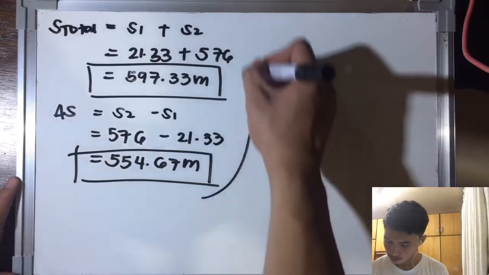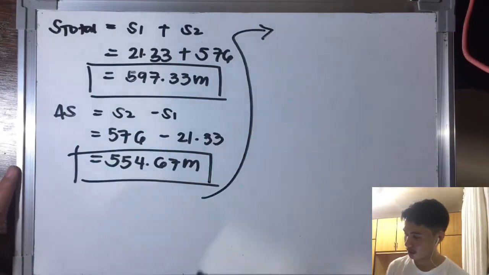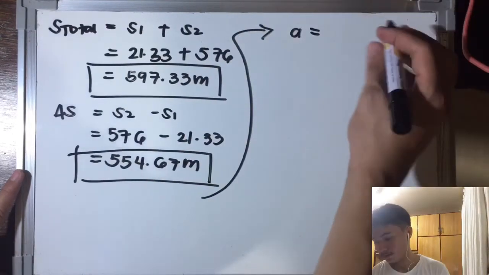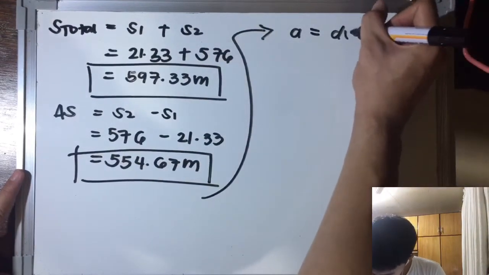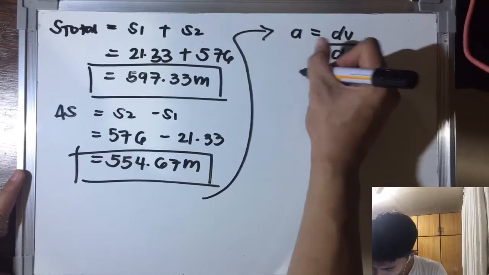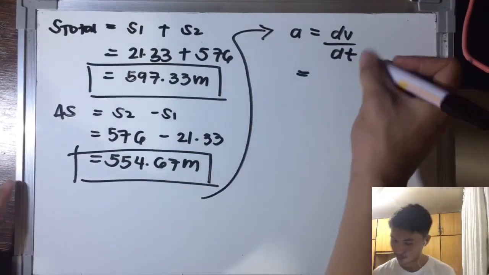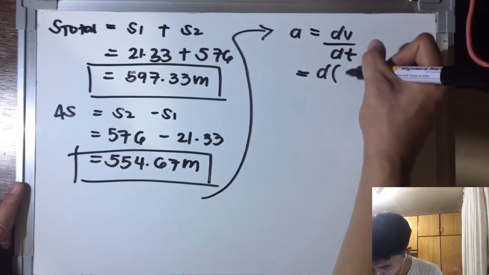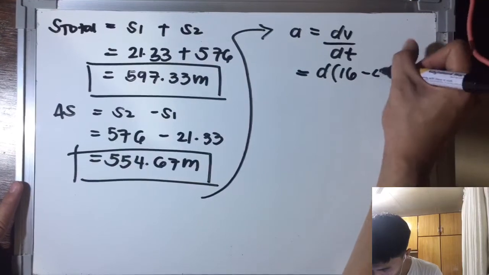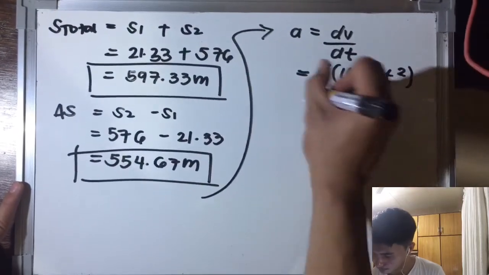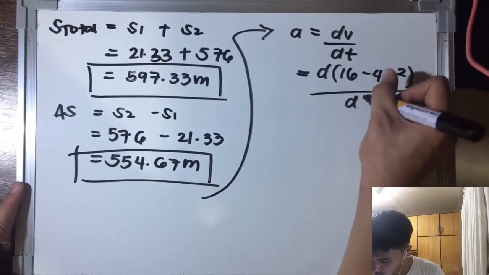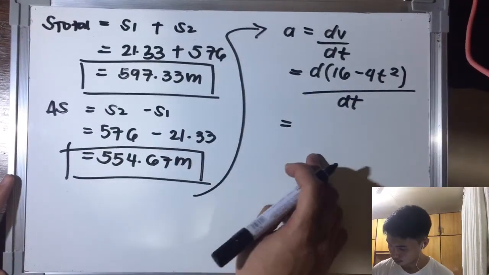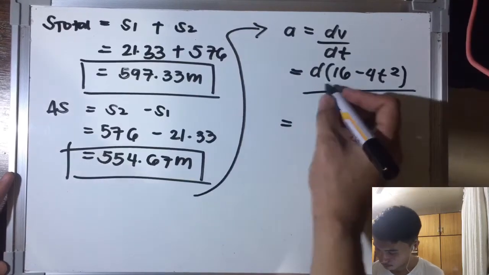Lastly, the last requirement for this problem is the acceleration. Again, the formula for acceleration is a = dv over dt. Since we have a value for velocity, we are just going to substitute that value. So velocity is equal to 16 minus 4t squared over dt. For d over dt, we are going to get the derivative of these terms.